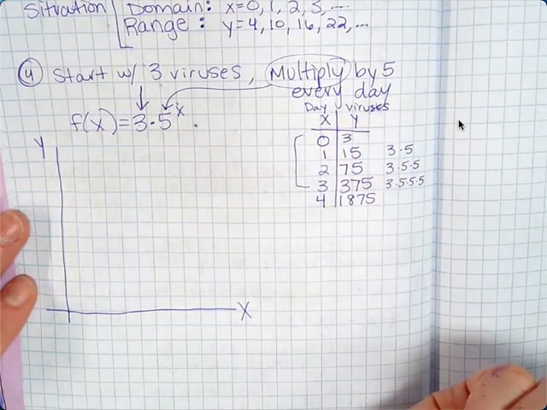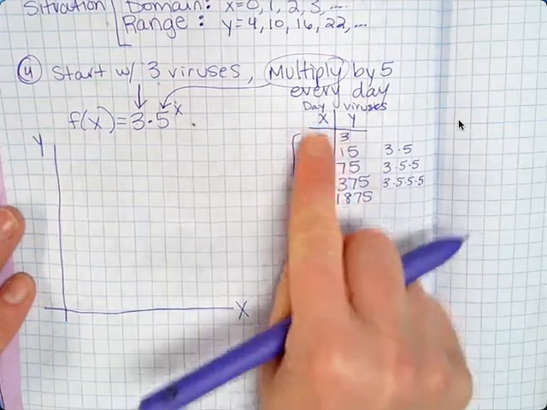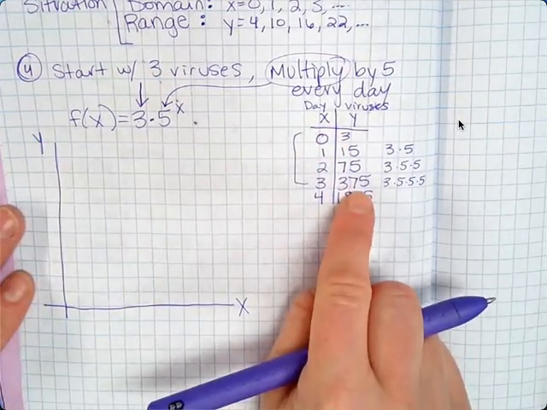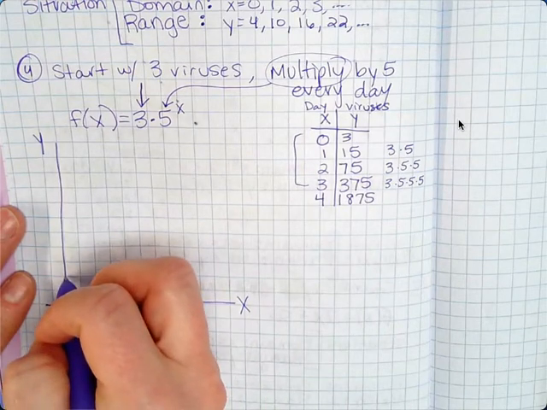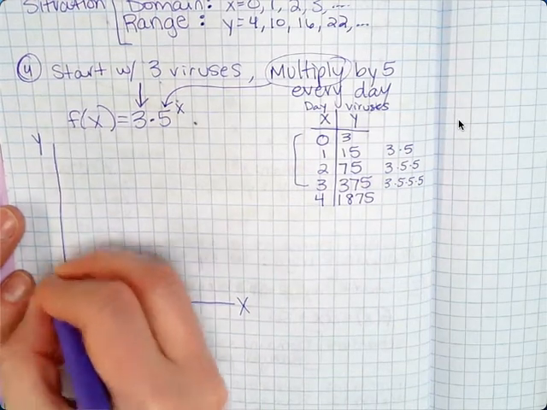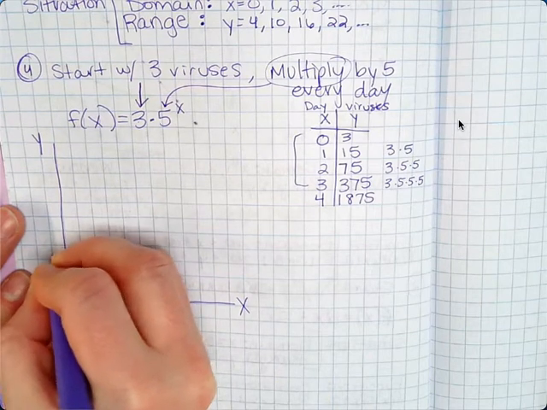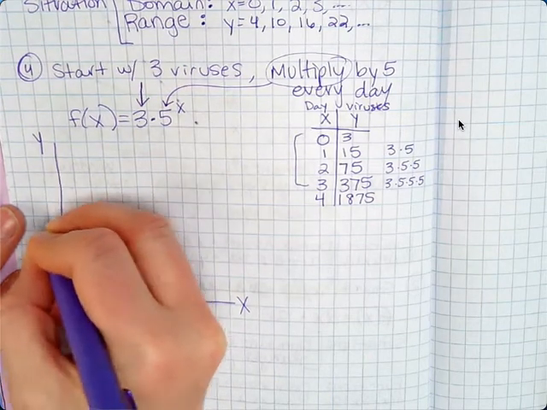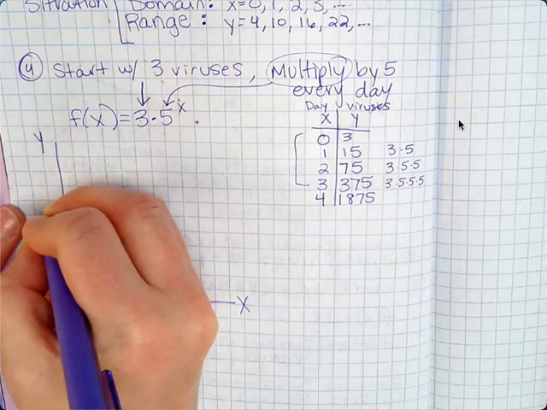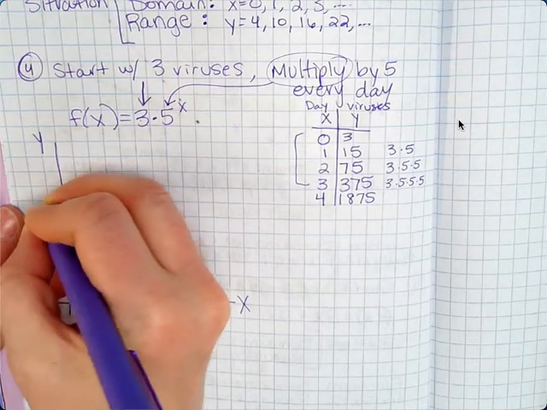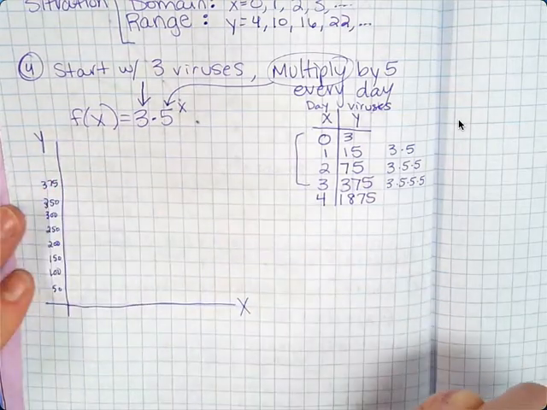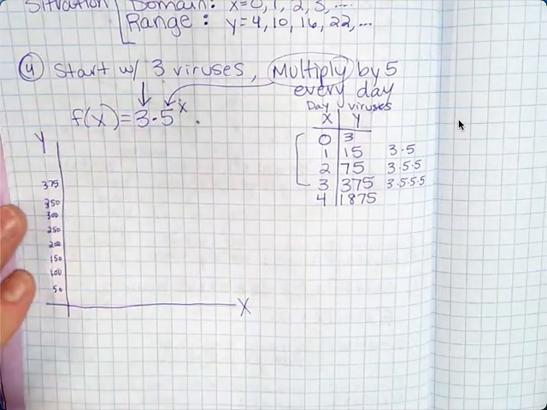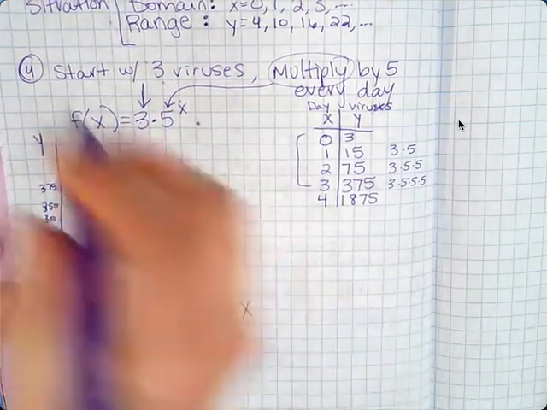We need to get the y values to get up to 375. 50. Okay. Oh, that would be 400.